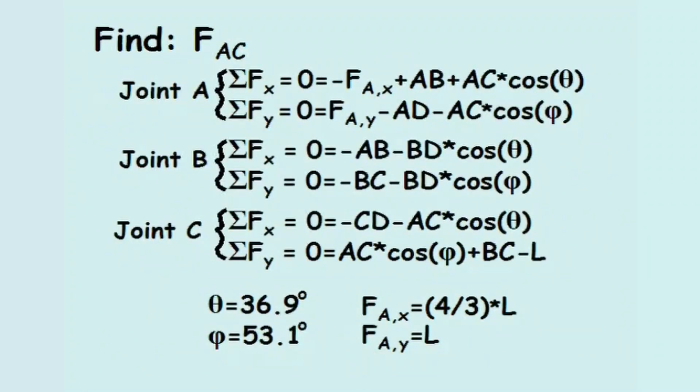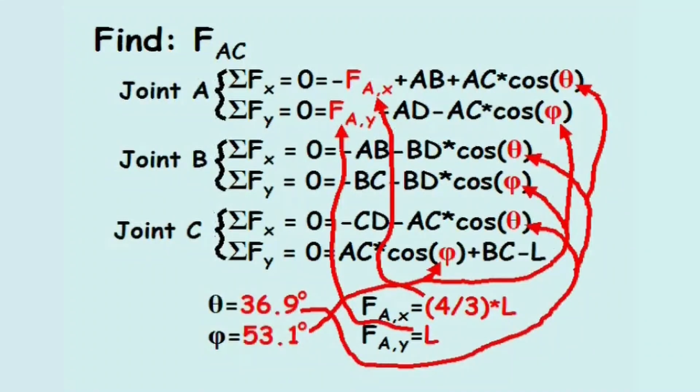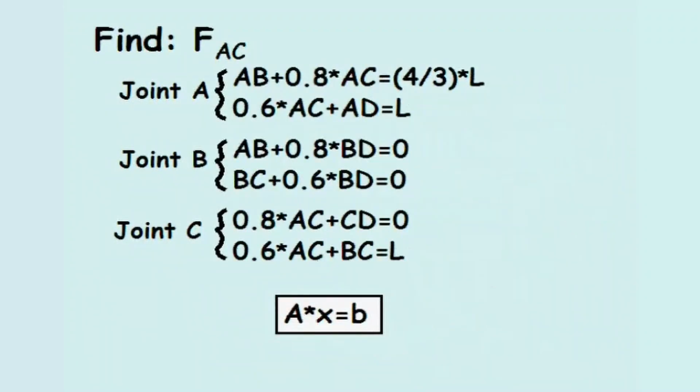If we plug in the values of theta and phi and the reaction forces at joint A, these 6 equations simplify to fit the form AX equals B, where the terms on the left-hand side are unknown and the terms on the right-hand side are the constants.